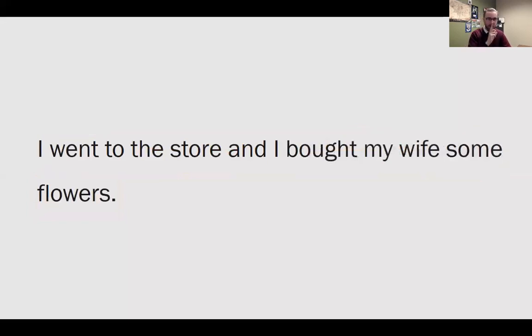But look at this. I went to the store and I bought my wife some flowers. So very, very similar sentence. I've just inserted one more subject. So now it has two subjects. And it's not a compound subject because they're not together. It's I over here and then I over here.